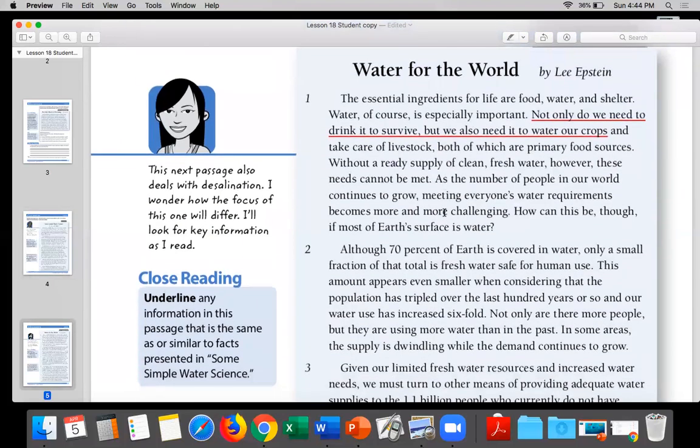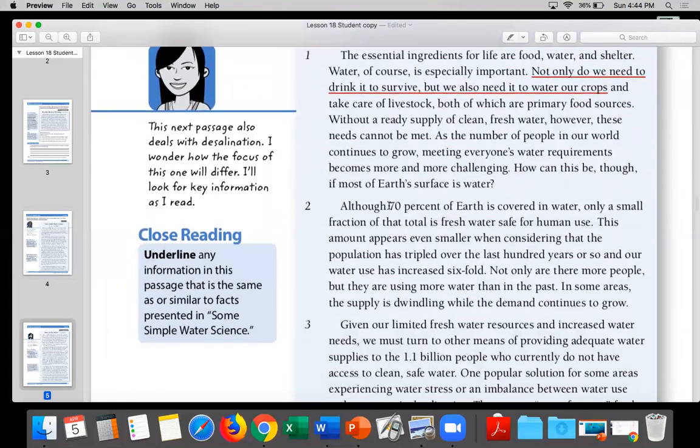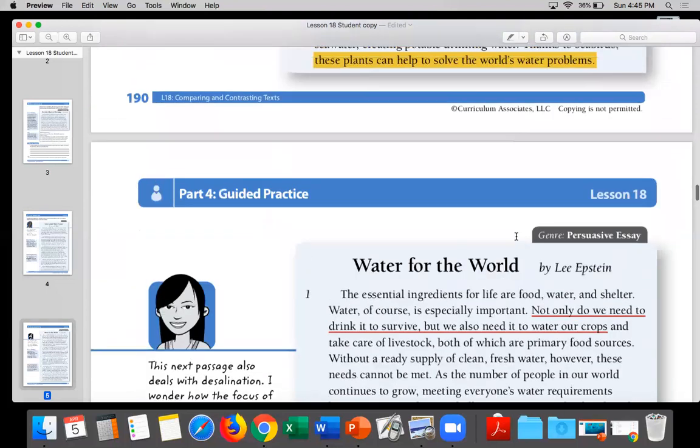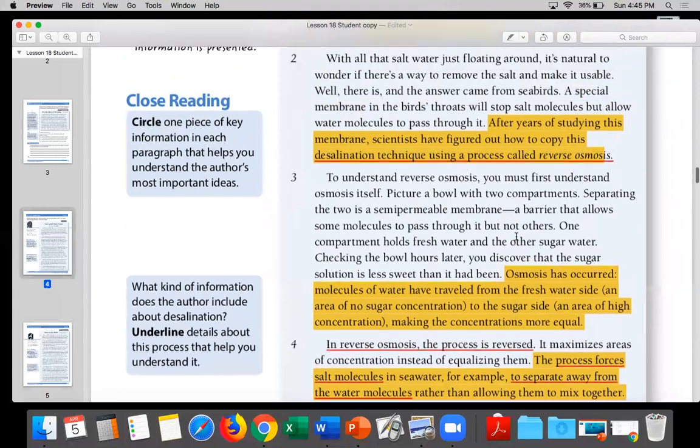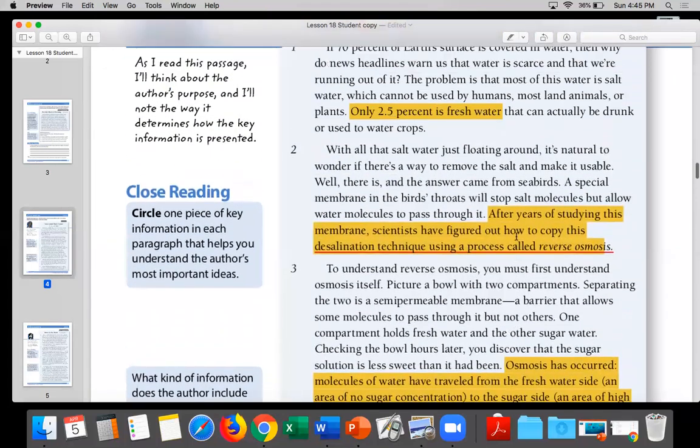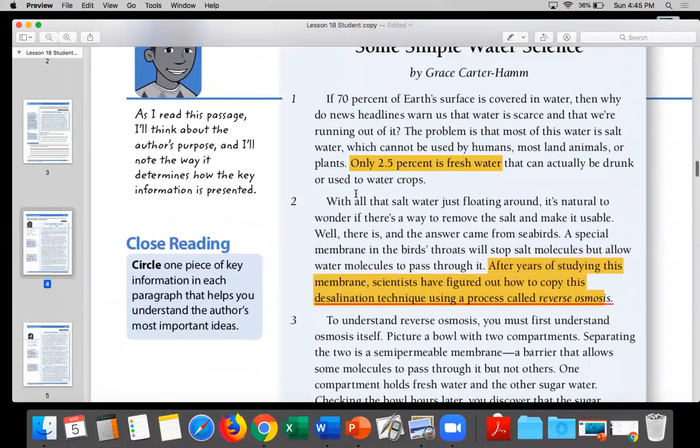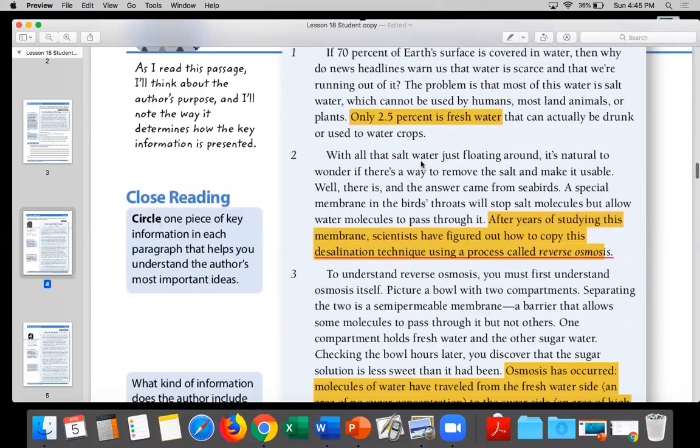And then the next thing is in paragraph 2, 70% of Earth's surface is covered in water. Only a small fraction of that total is fresh water safe for human use. And that is up here. This very small percent is what's safe for us to drink.